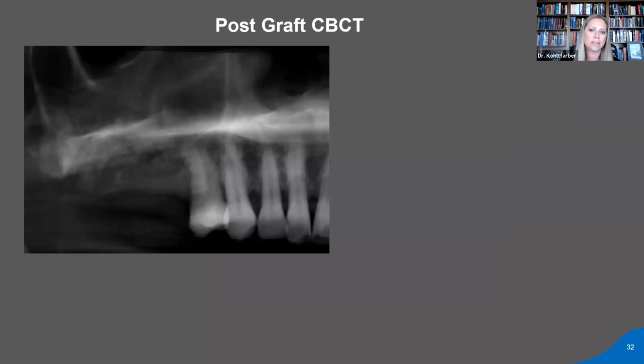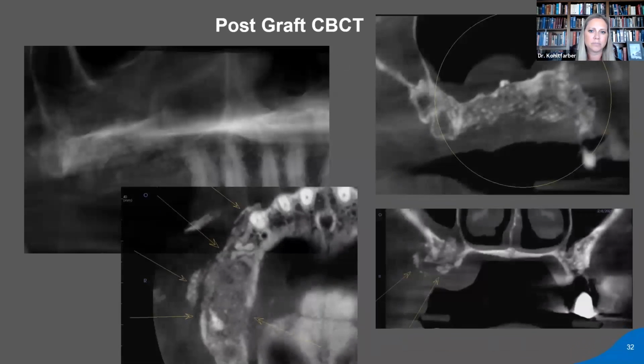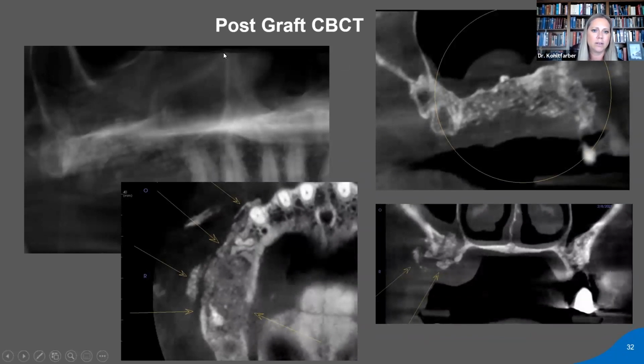This was another case. This is our post-grafting. And we can see, if I can put that up, there we go. Hopefully we can see this a little bit better. So we can see all of our graft material.